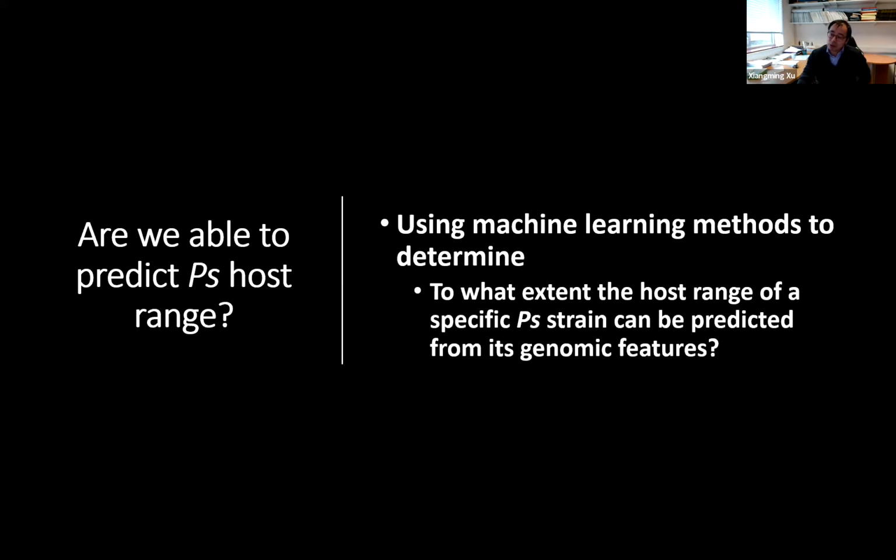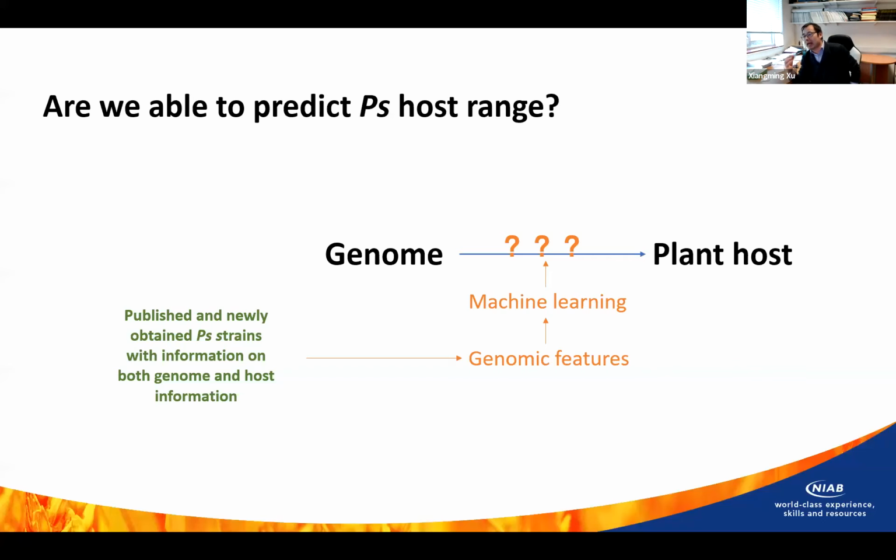Here we're trying to use machine learning AI, with published sequence information plus the known host, and also new information generated in this project, to develop an AI algorithm to predict host range from genomic information. So this is what we're trying to do.